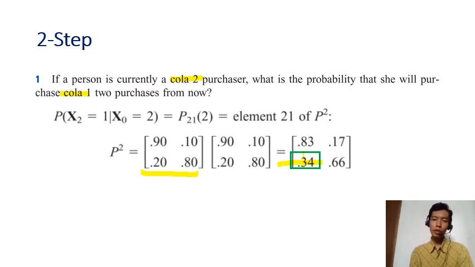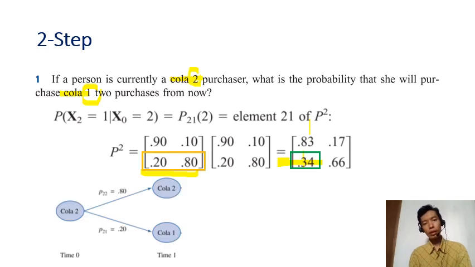Second row, because now she is purchasing cola 2. First column, because we're going to look at the probability she will purchase cola 1, 2 purchases from now. So you just need to look at the element 2, 1, row 2, column 1. This multiplication may also be explained using the graph.